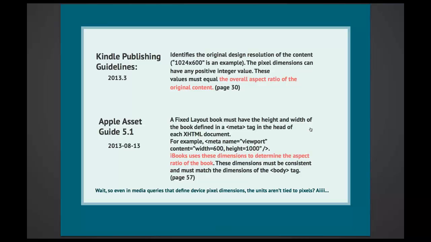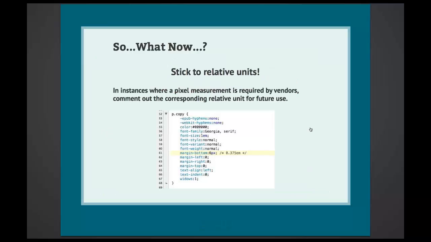So yeah, iBooks uses these dimensions to determine the aspect ratio of the book. It's a bit confusing, so that's why I recommend sticking to relative units. And in instances where you do need to insert a pixel measurement, I recommend commenting out the corresponding relative unit, so that if in the future you need to alter your style sheets, then you can easily swap in those relative units.